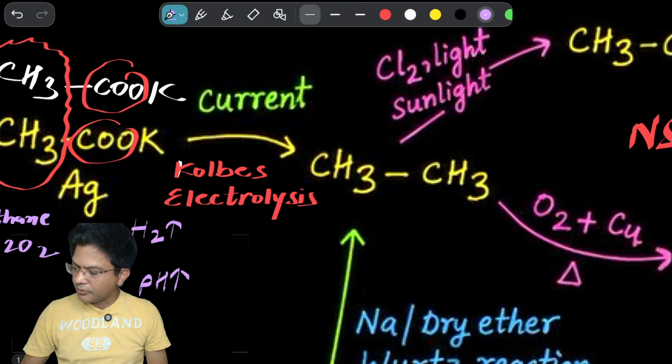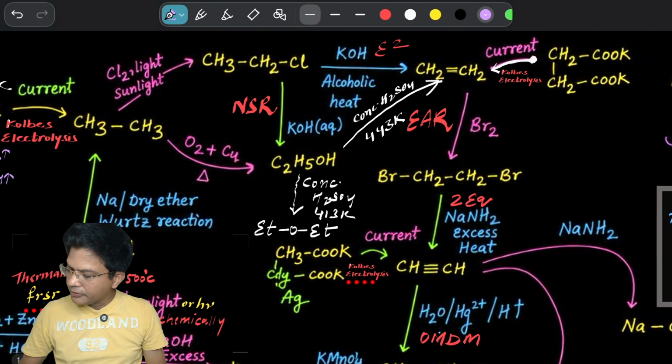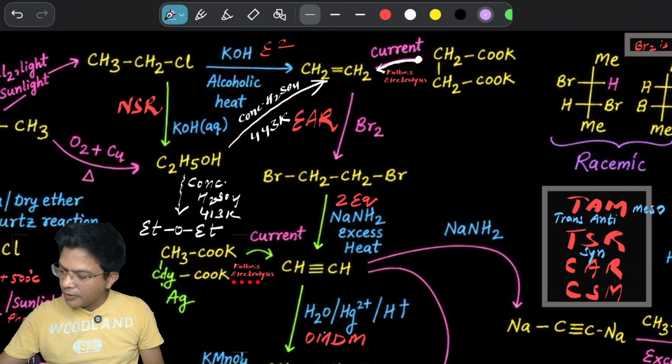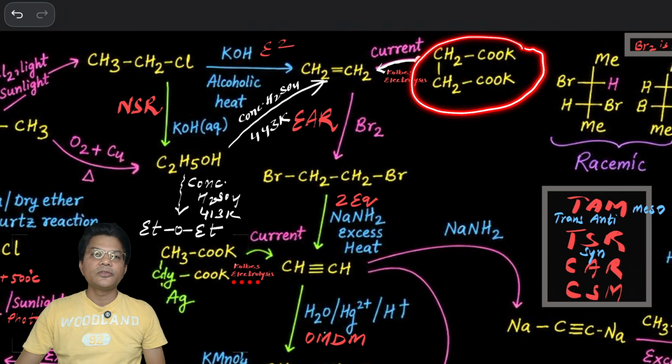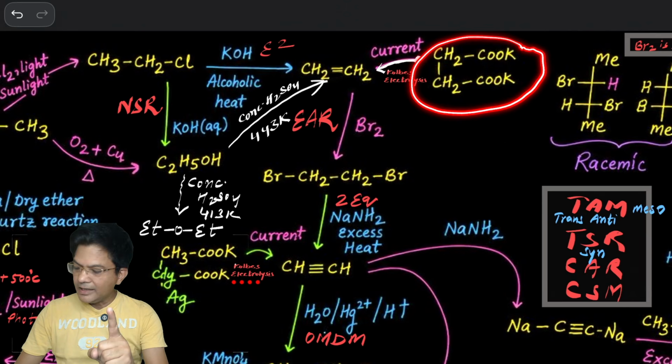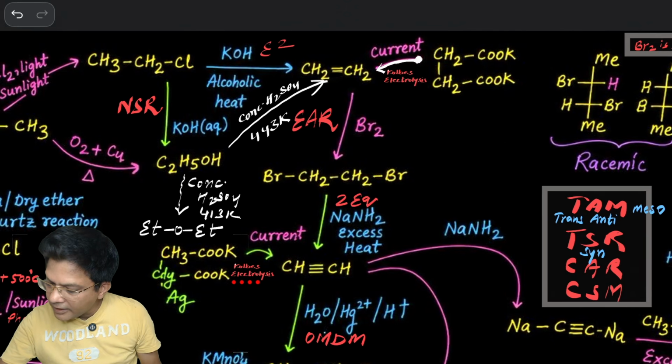Now see, my dear students, as I told you at that time, if you do Kolbe's electrolysis, then you will get ethene. How will you get ethene?